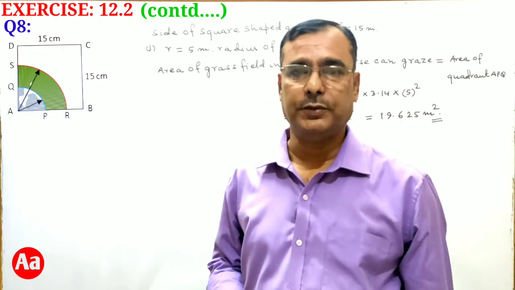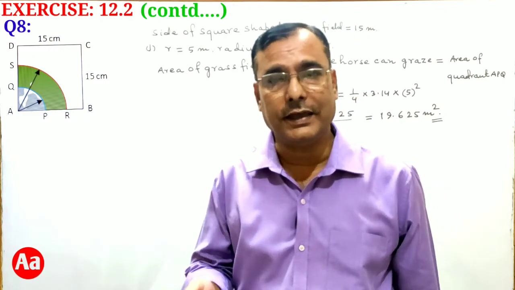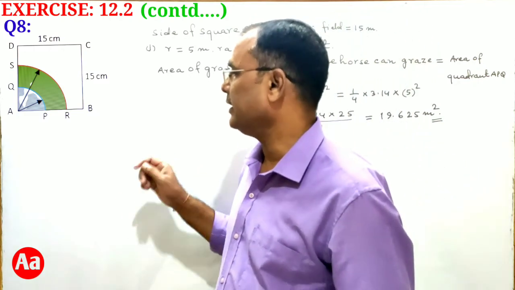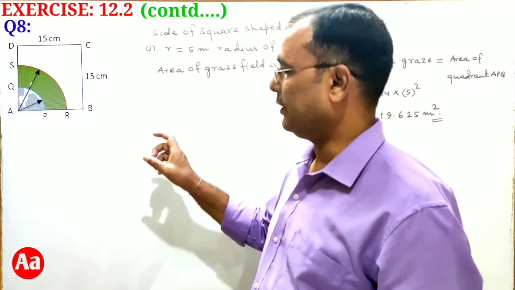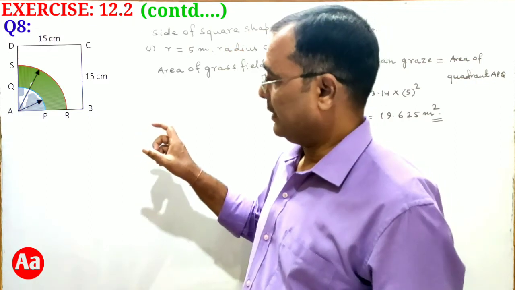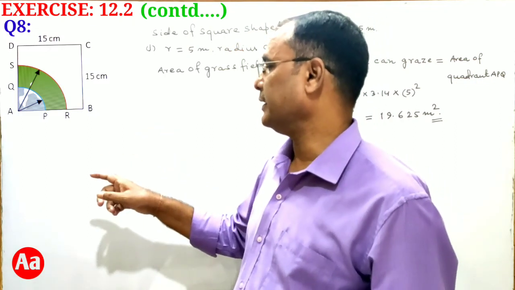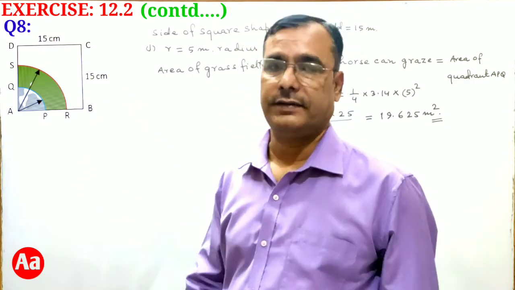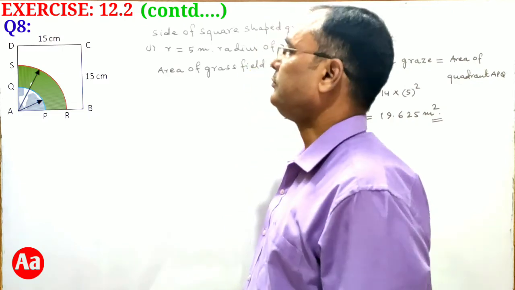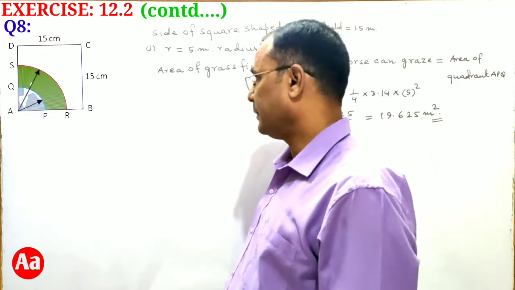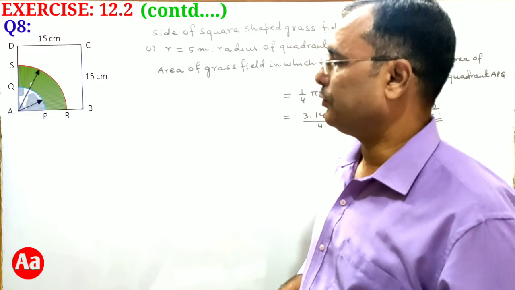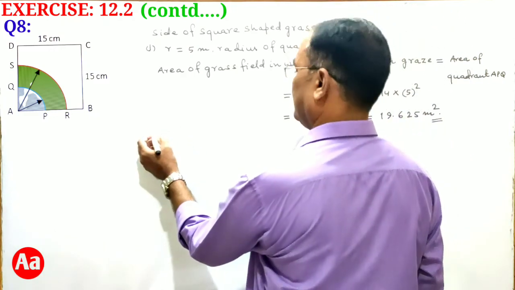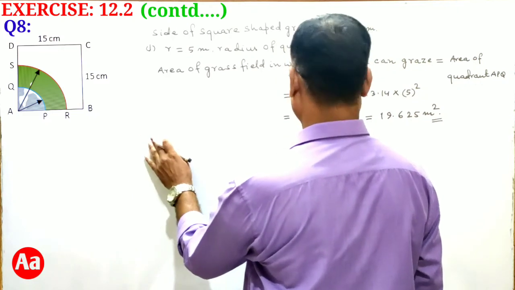In second part, we have to find increase in the grazing area, and that increase in the grazing area we can calculate first by finding area of sector ARS. So let us calculate area of quadrant ARS in second part.